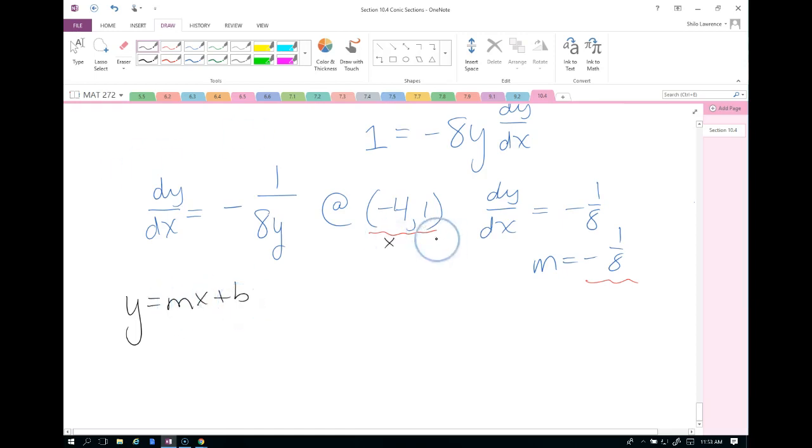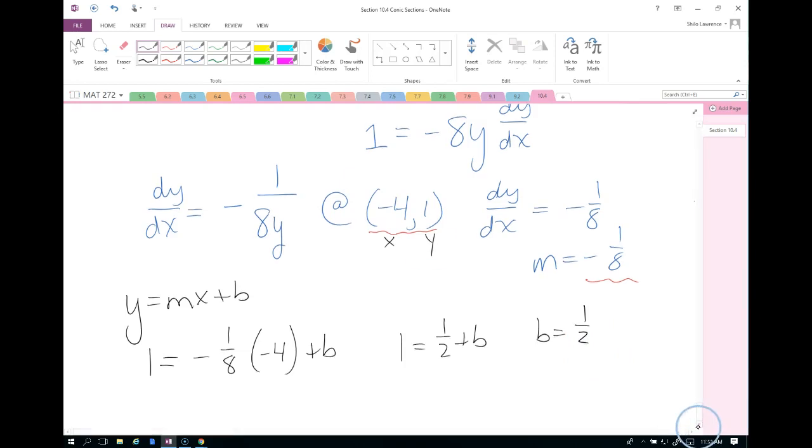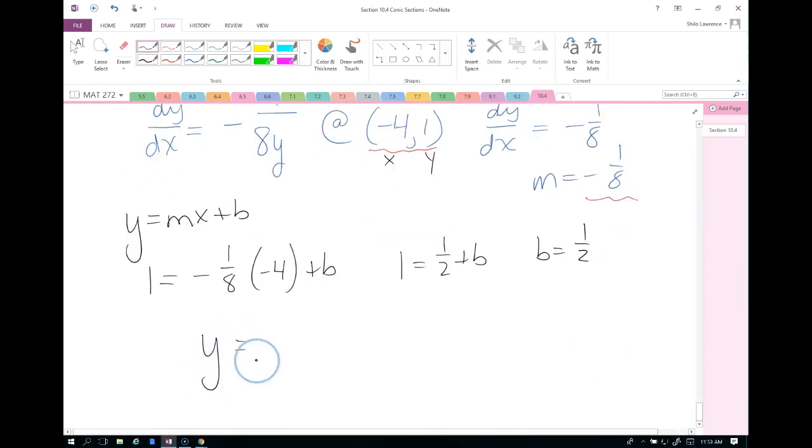So we can plug this in for x, this in for y, this in for m, and solve for the b. So 1 is equal to negative 1/8 times negative 4 plus b. So 1 is equal to a half plus b, which means b is a half. So you get y equals negative 1/8 x plus a half.